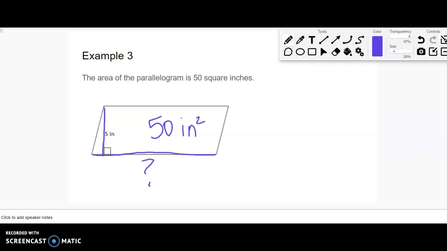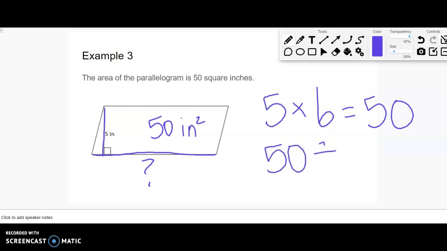Well, I know 5 times whatever the base is going to give me 50. So either I can guess and check, or what's the opposite of multiplying? Dividing. I can do 50 divided by 5, which will give me my base. 50 divided by 5 is 10, so I know my base is 10 inches.